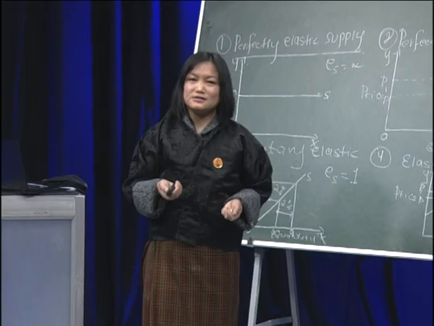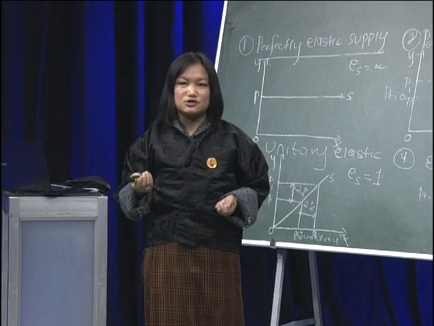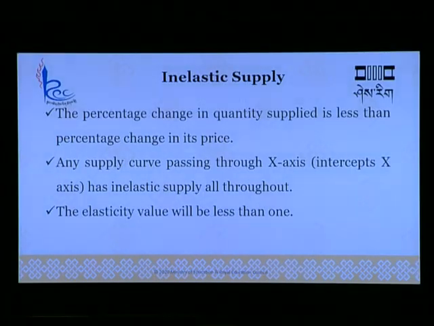Okay, now let's look at the last category of elasticity of supply. That is inelastic supply. Inelastic supply is opposite to elastic supply, what we have looked at right now.